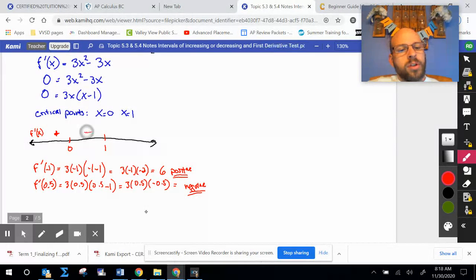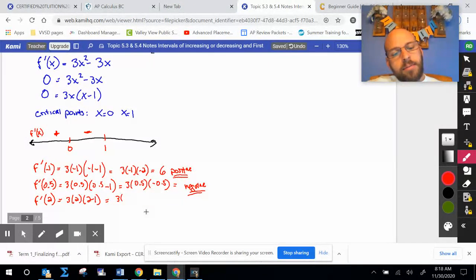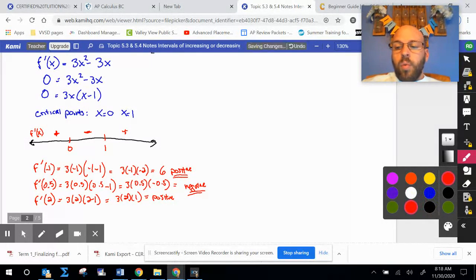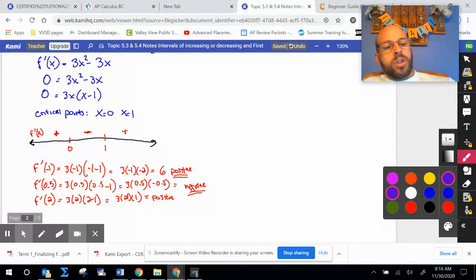I know that it's going to be negative. And then last but not least, f prime of, let's say, 2, something bigger than 1. 3 times 2, 2 minus 1 gives me 3 times 2 times 1, which would be a positive value. So I know it's going to go positive here. So with what we have on our screen, we can draw some conclusions.